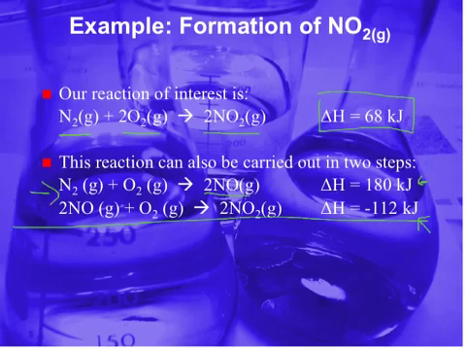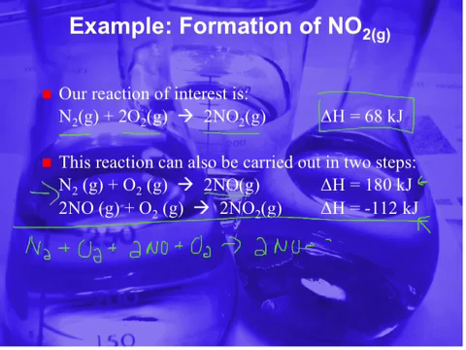Just like in math, when you can add or subtract systems of equations to get rid of terms that you don't want, we can do this with chemistry as well. If we add everything together, on the left-hand side we have N2 plus O2 plus 2NO plus O2 yields 2NO plus 2NO2.